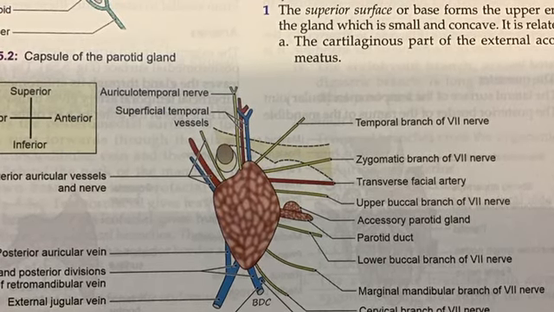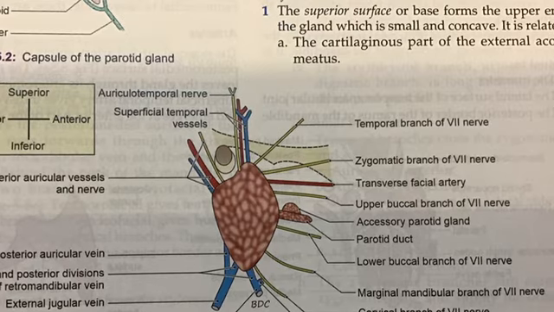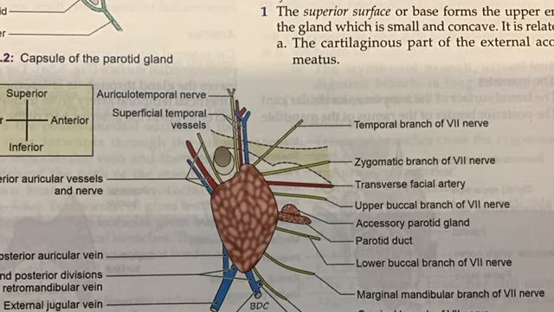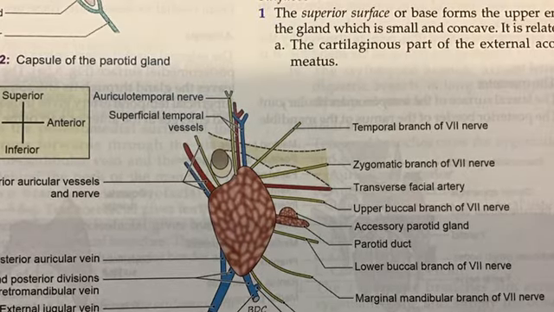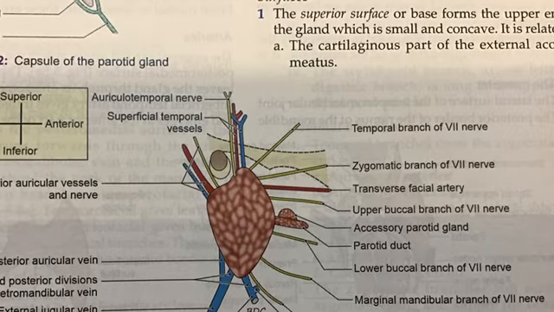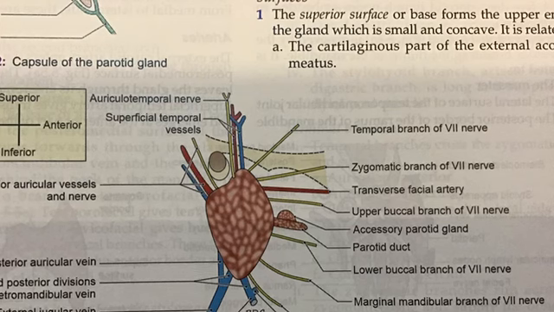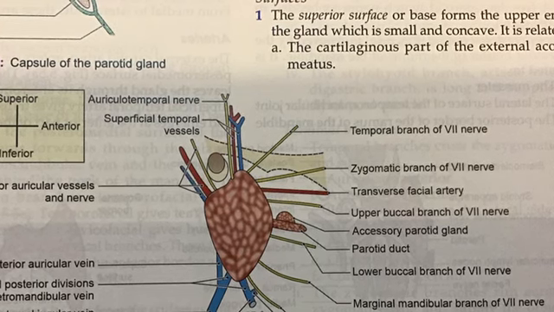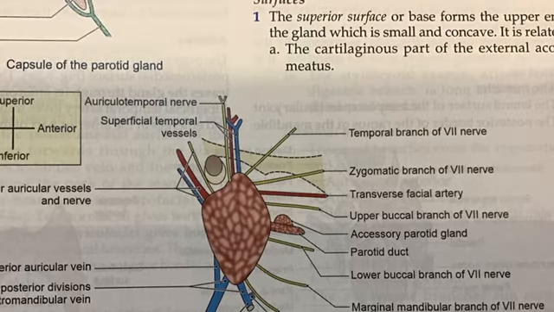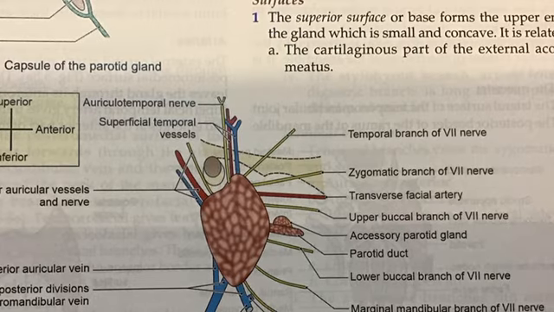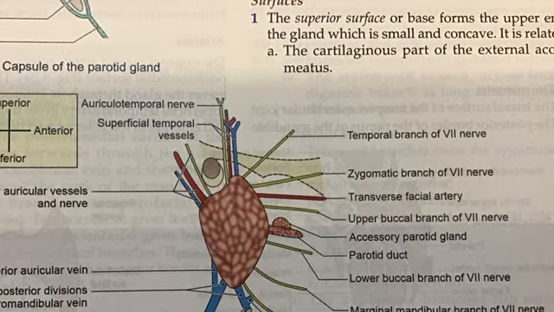Then the parotid duct is there, and below you can see the veins, the common facial vein, and the anterior and posterior divisions of the retromandibular vein. Then the posterior auricular vein. Then on the superior side, you see the superficial temporal vessels, arteries, the auriculotemporal nerve, and the posterior auricular vessels and nerve.